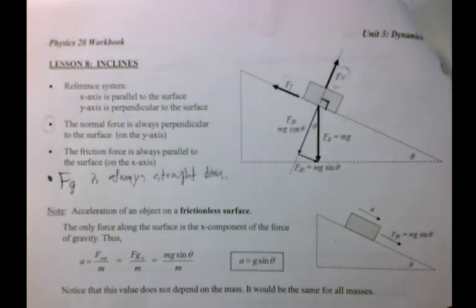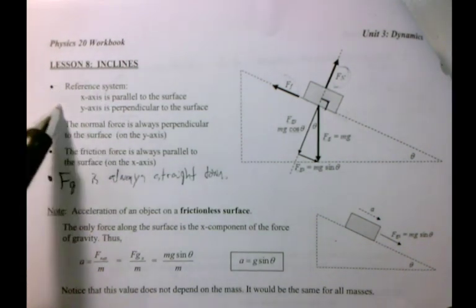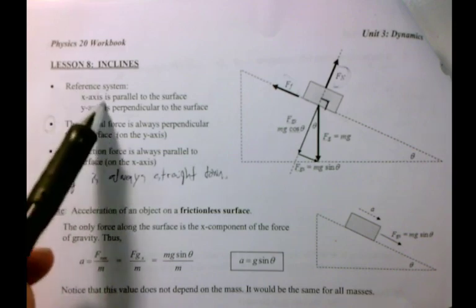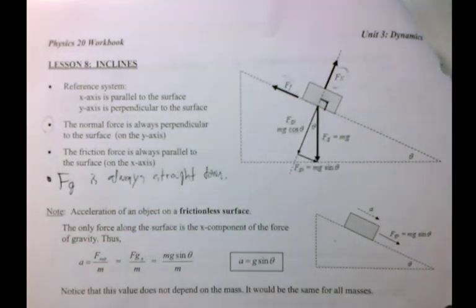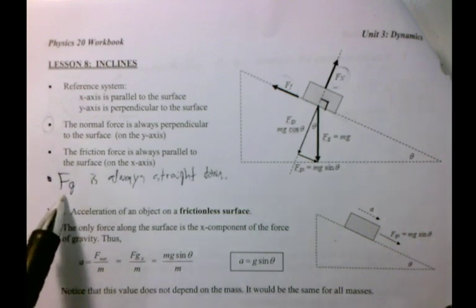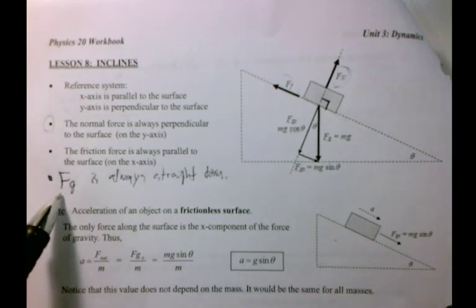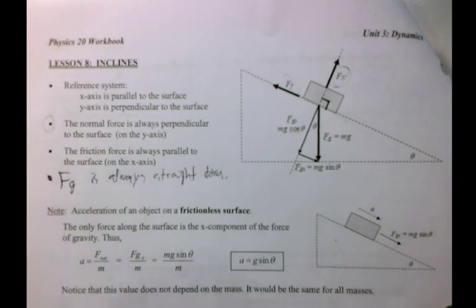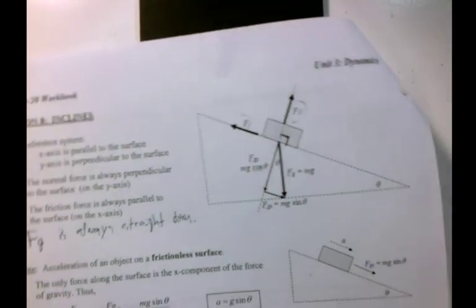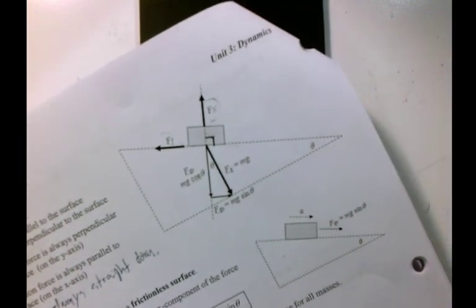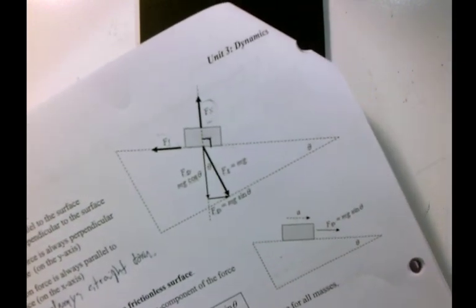Some people might try to solve these questions without switching our reference system to line up with our incline. Then force of gravity would be straight down, and that'll always be true. But it's going to be a lot easier, with a lot fewer trigonometric functions, if we actually shift. I like to physically shift the paper that we're working with.